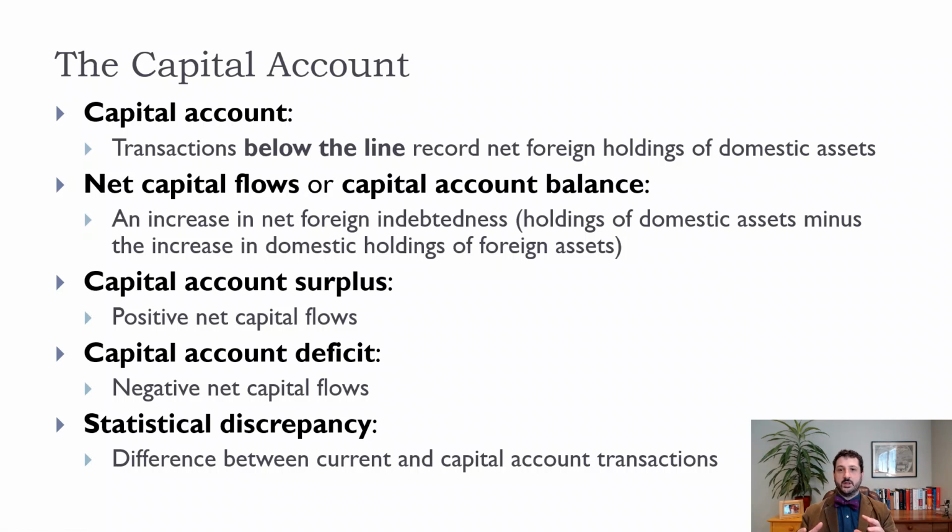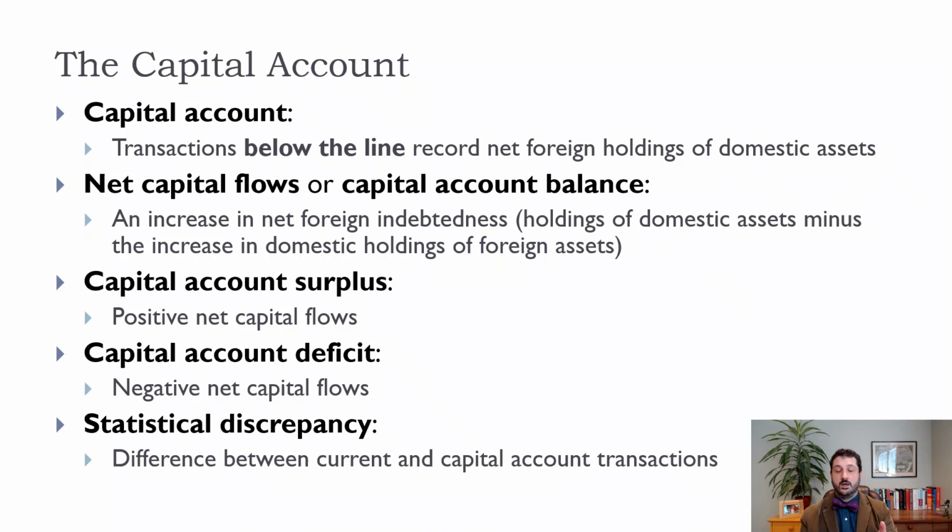And so the capital account, or we call the current account sometimes above the line and the capital account below the line in our balance of payments, is the change in foreign holdings of domestic assets and, frankly, domestic holdings of foreign assets. So the net capital flows, or the capital account balance, can be an increase in net foreign indebtedness, meaning holdings of domestic assets minus the increase in domestic holdings of foreign assets.